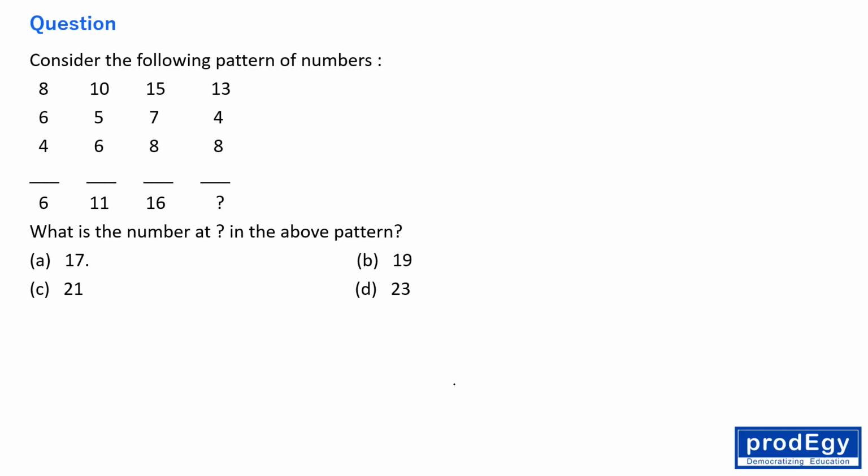The next one is: consider the following pattern of numbers. This question is simple missing terms, or number series, in fact you should say, or you can say missing term.